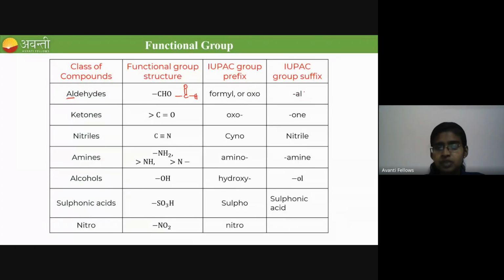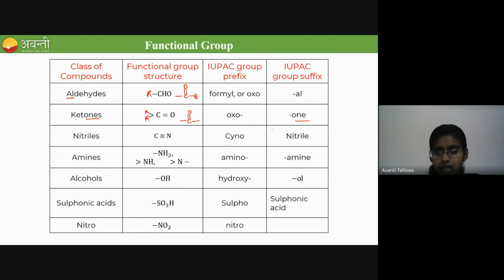For ketone, it is RC double bond OR, where R are alkyl groups which will get substituted here, in all these places. The prefix for ketones is oxo and the suffix is one. Since ketone ends with one, the suffix here is one.